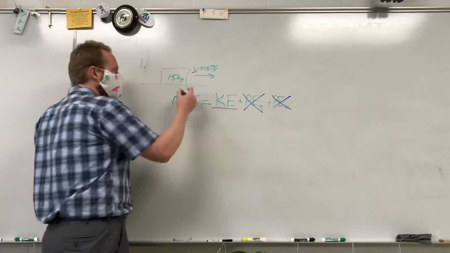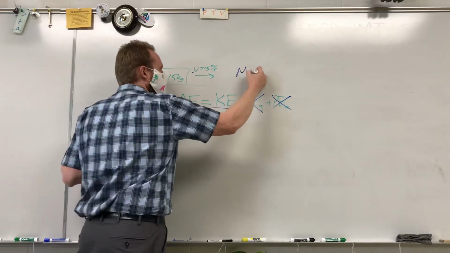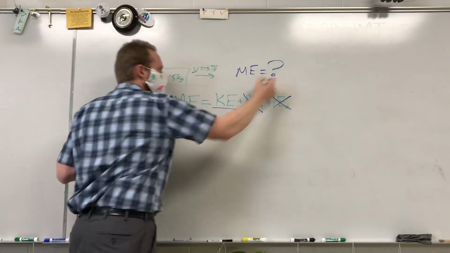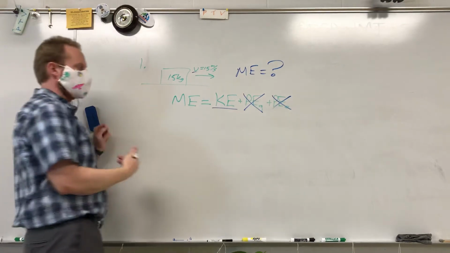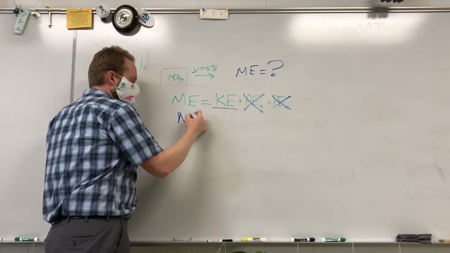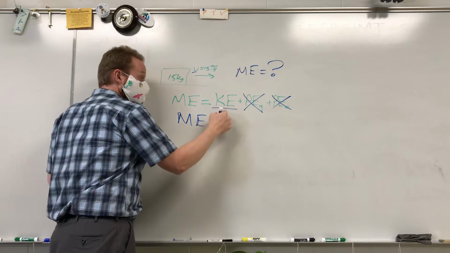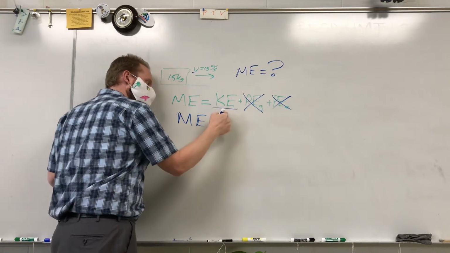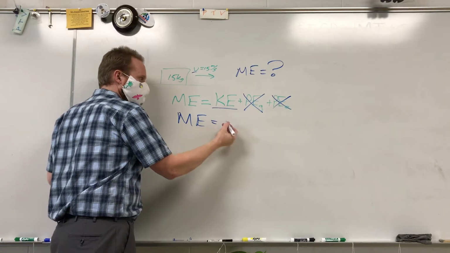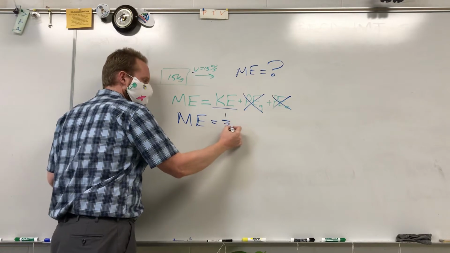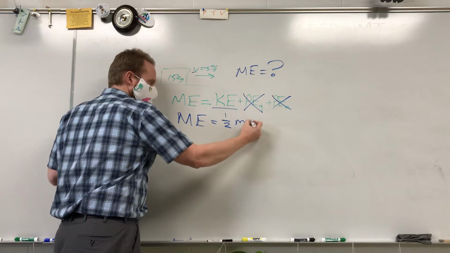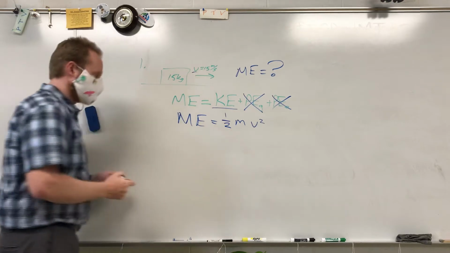I'm asking you to solve for mechanical energy. And so ME is equal to kinetic energy. How do we determine kinetic energy? Well, we use the formula for kinetic energy, which is 1/2 times the mass of that object times the velocity of that object squared.